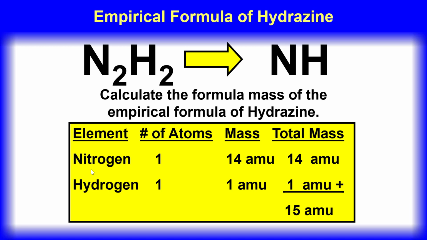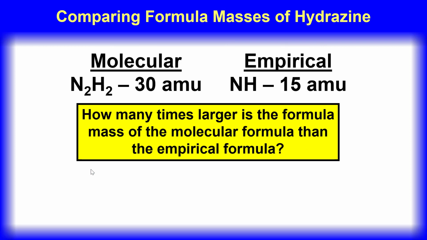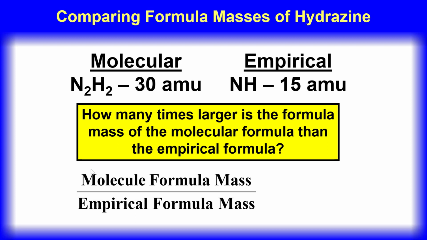Well, this number 15 compared to the molecular formula, which was 30, is greater, the molecular formula is greater by a factor of 2, right? Which we would expect, since to reduce the molecular formula to the empirical formula, we can divide each subscript by 2. And we see this relationship between them.